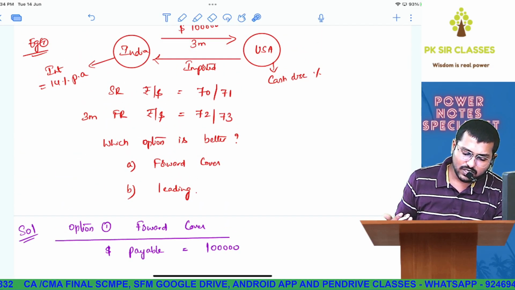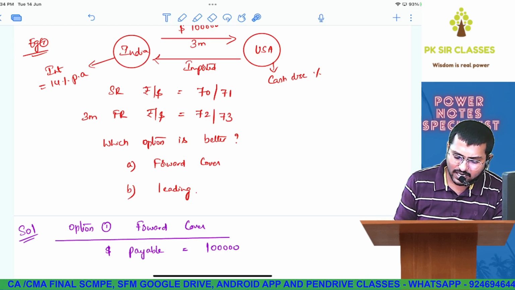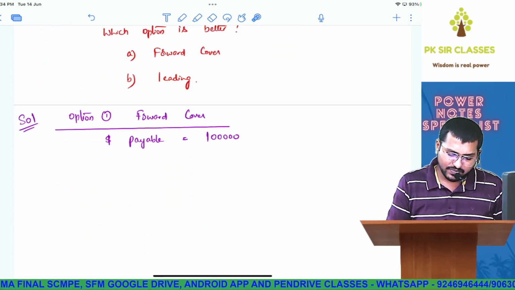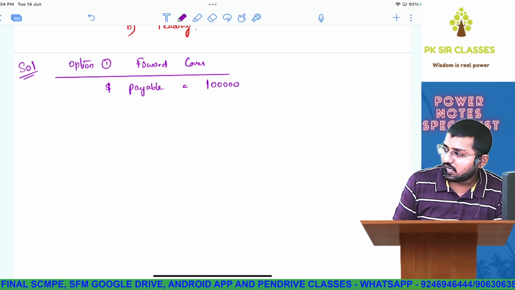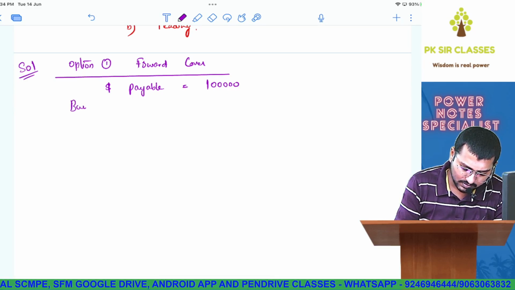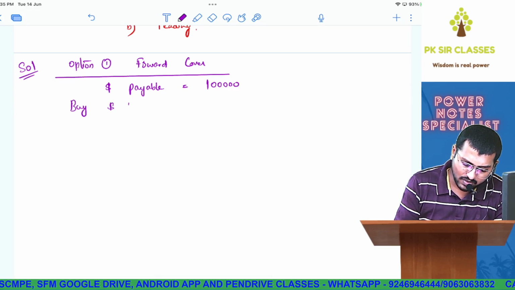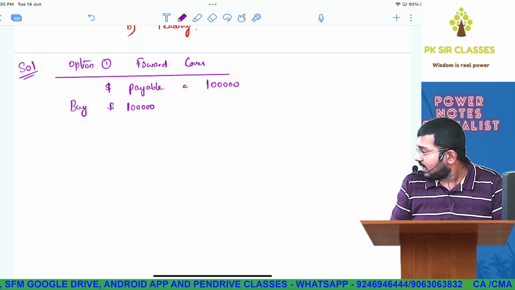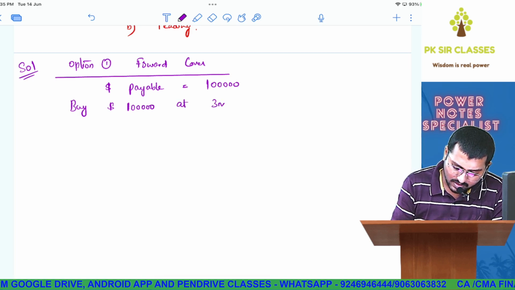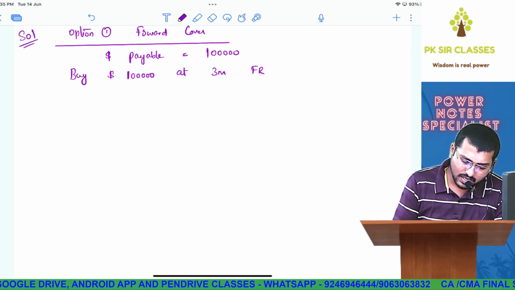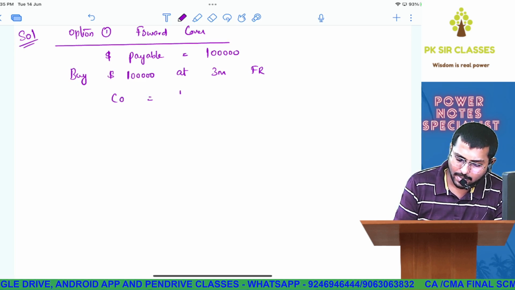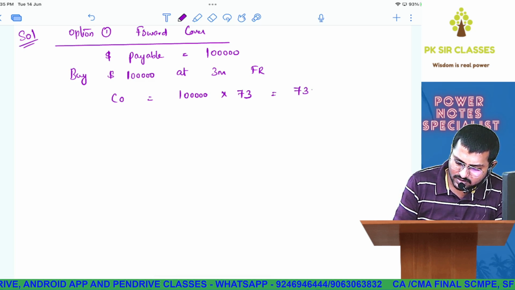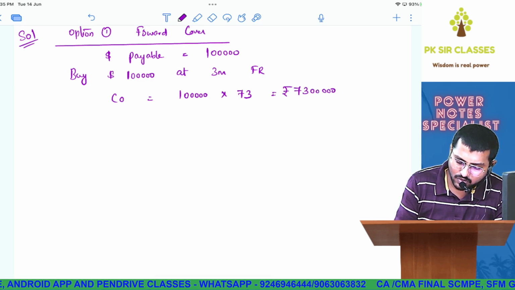I have to pay dollars, which means I need to buy dollars, which means the bank will be selling dollars, correct? And selling dollars, that is the 3 months forward rate. So buy $100,000 at 3 months forward rate. In that case, your cash outflow will be $100,000 into 72.